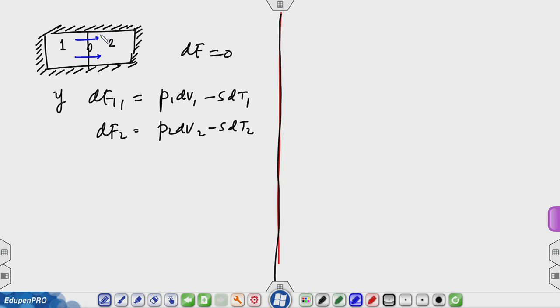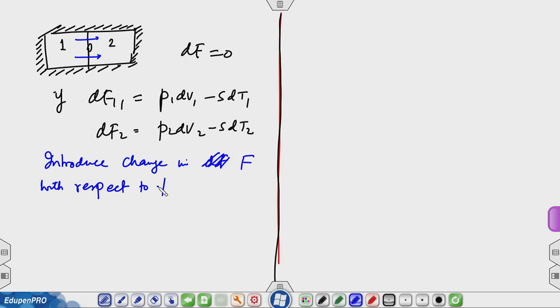So what I'll now do is introduce the change in F with respect to the number of particles.